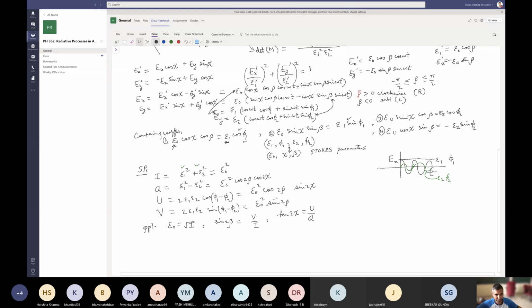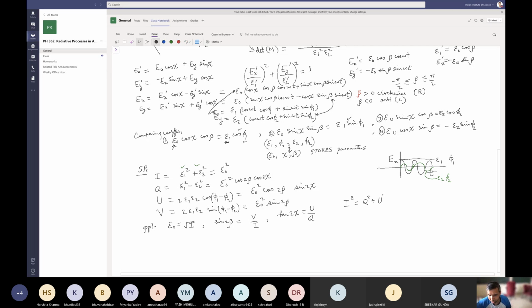The other thing that you can check is that I squared equals Q squared plus U squared plus V squared.